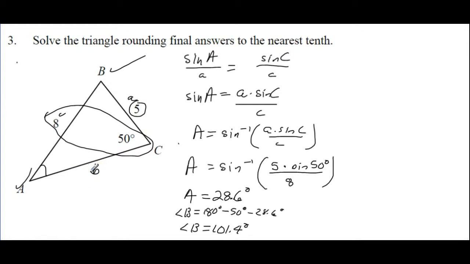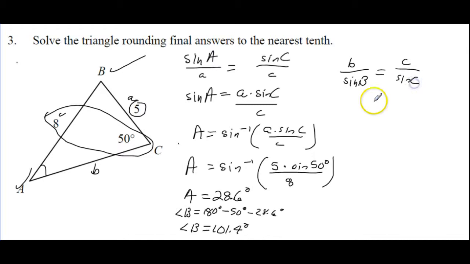Now here's the thing. In order to find side B, we're going to have to use this calculated value, which means that we're not going to use 101.4. We're going to use the number that's in our calculator. All right, so let's set this up. B over sine B is equal to, and let's use the pair that we already know. Let's not use this calculated value. If we can avoid using a calculated value, we will.